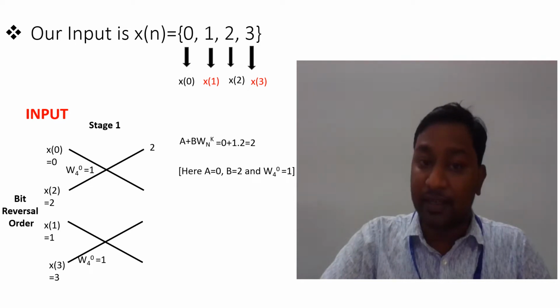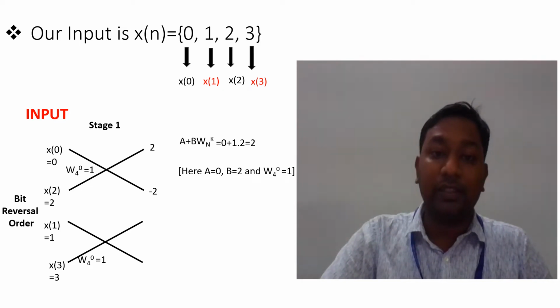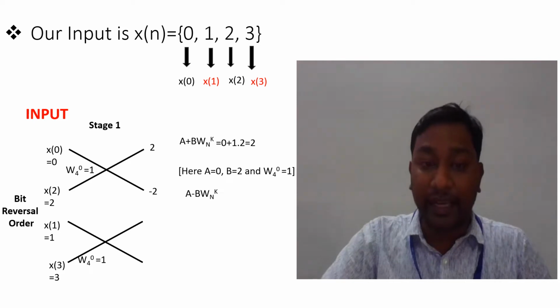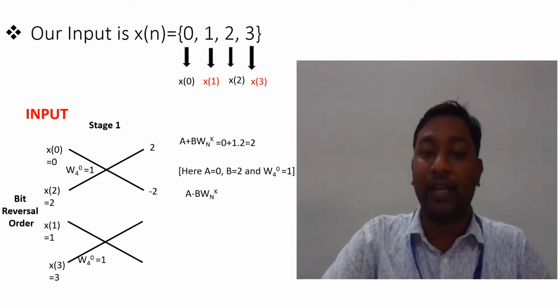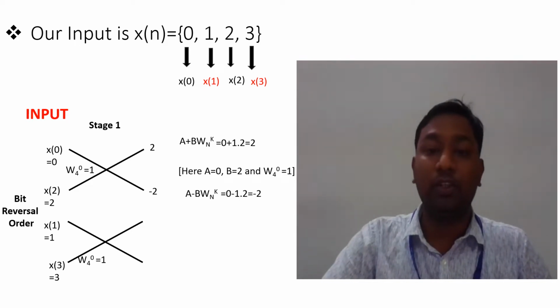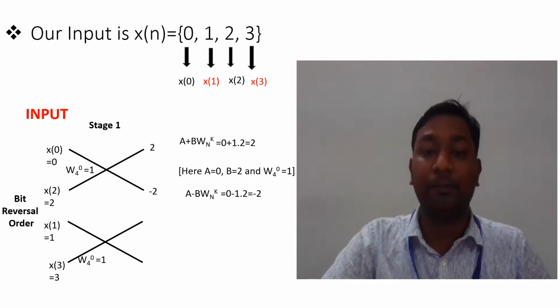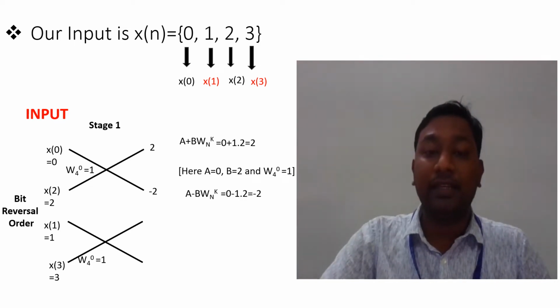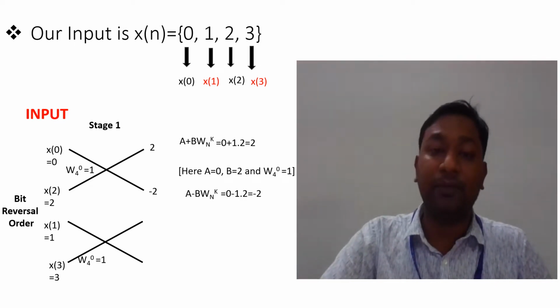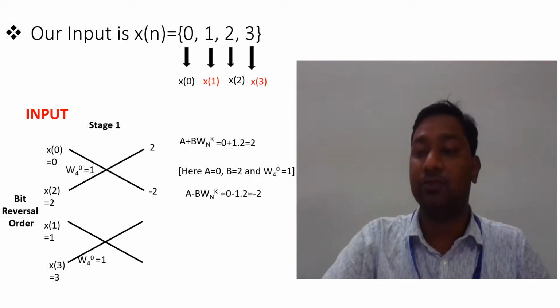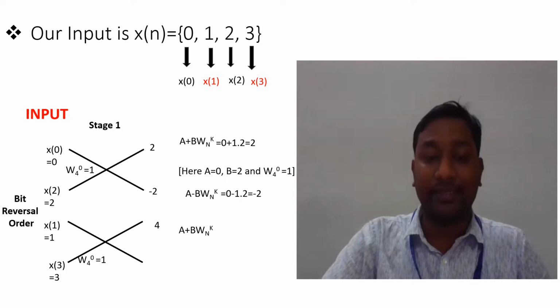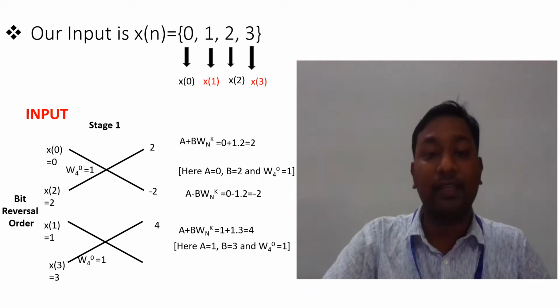In the second part, a minus b omega n to the power k, with a equal to 0, b equal to 2 and omega 4 to the power 0 equal to 1, we get a minus b, which is minus 2. So for the first butterfly of stage 1, the inputs 0 and 2 give outputs 2 and minus 2.